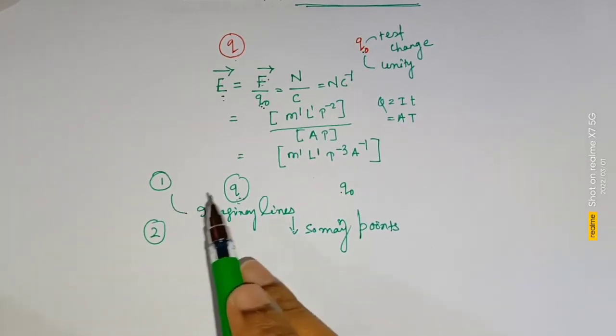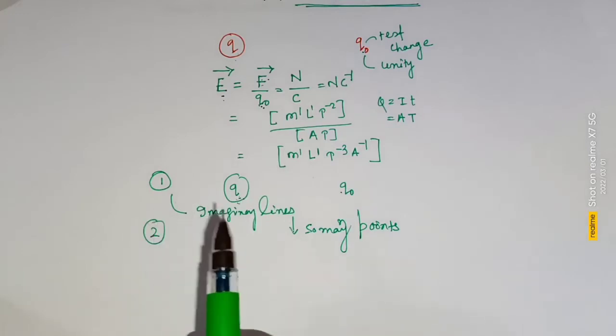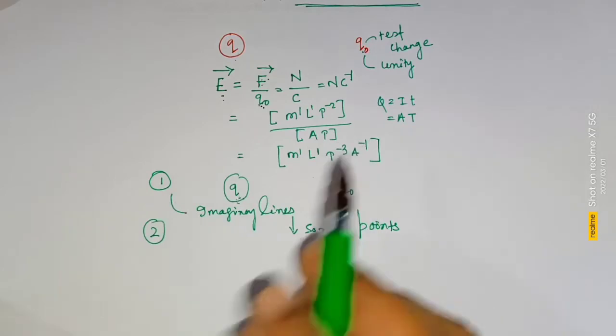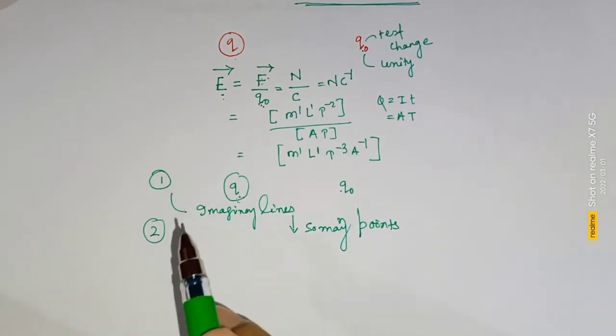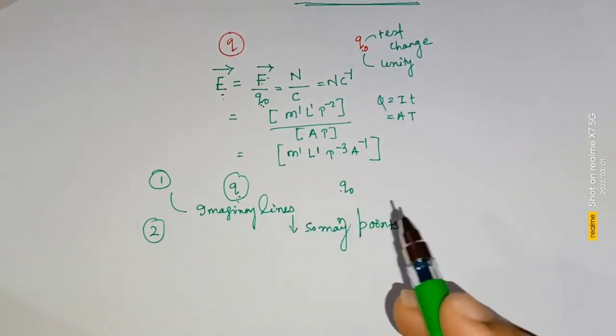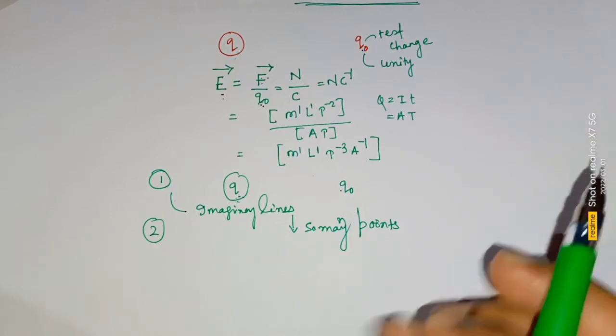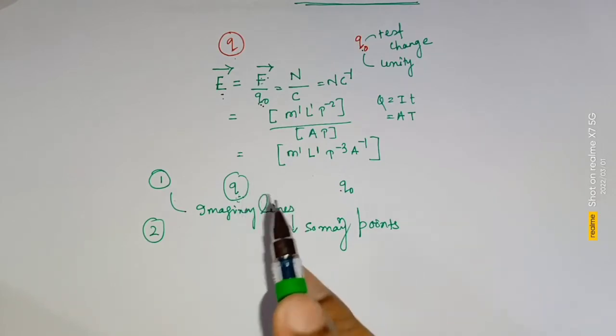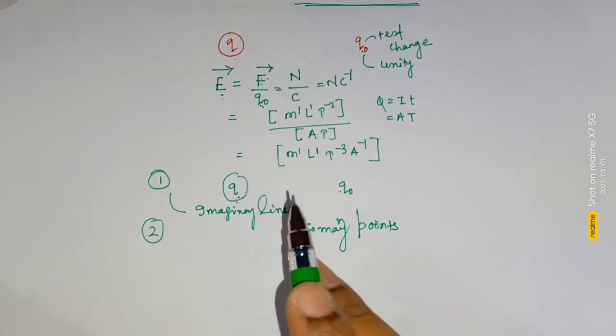First point, electric field lines are imaginary lines to describe the electric field. Second, any line is a combination of so many points, a locus of points, and the tangent drawn at any point gives the direction of electric field at that point.